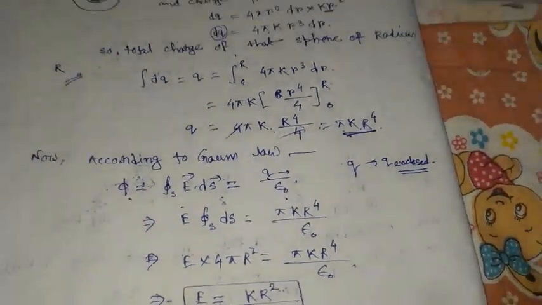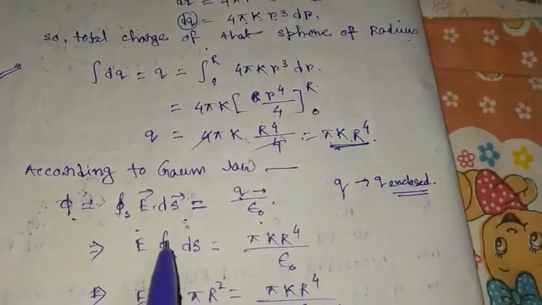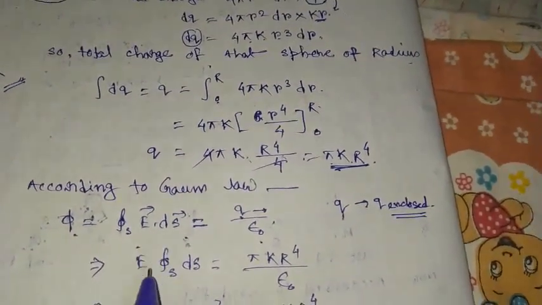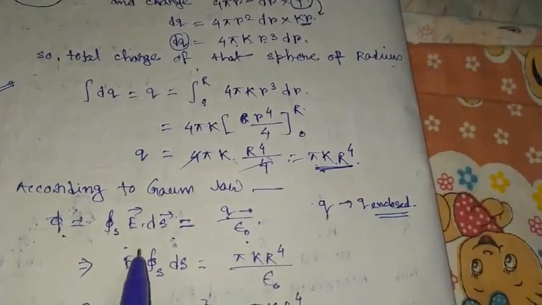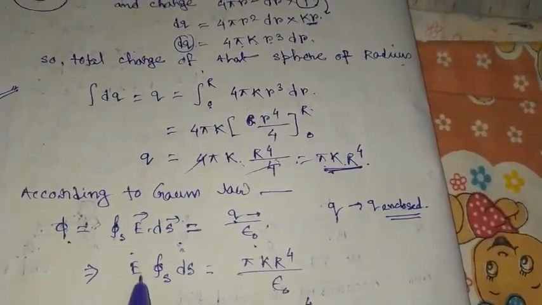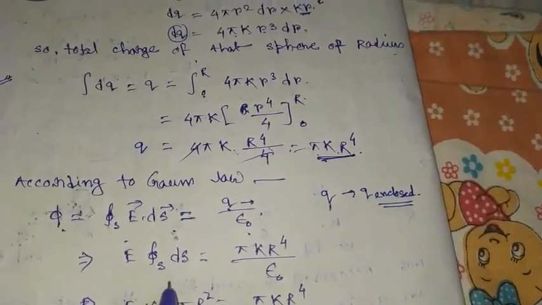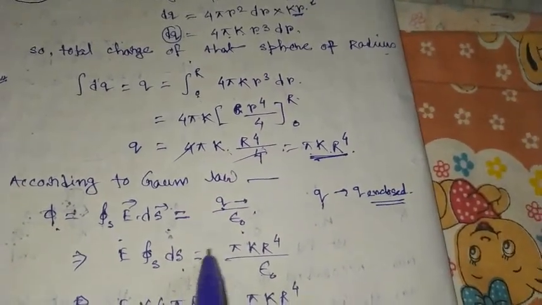You know the properties of the Gaussian surface, so E can be taken out of the integral, that is E times the closed surface integral of ds.